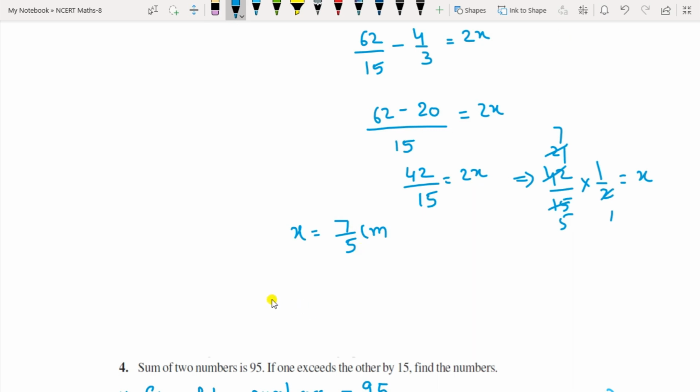So x is what here? S1 equal to S2 equal to x, which is 7 by 5, or you can write it in mixed fraction as 1 whole 2 by 5 centimeters.